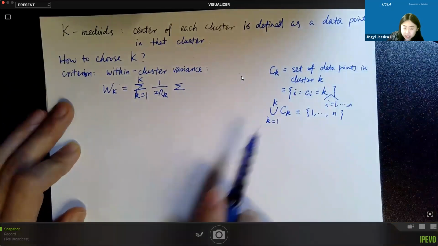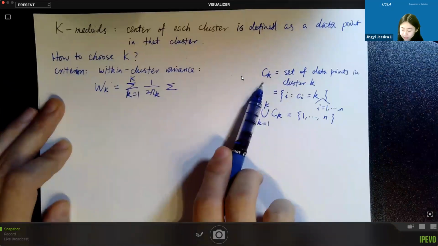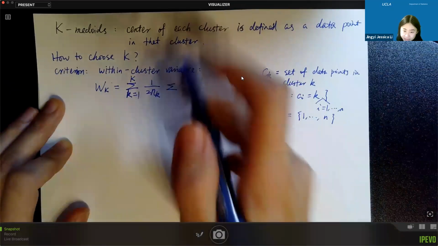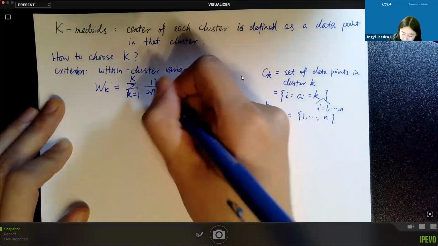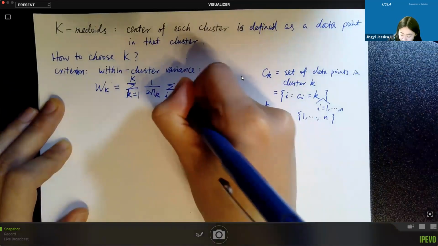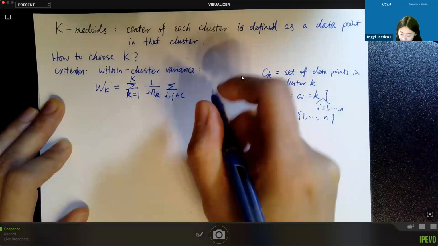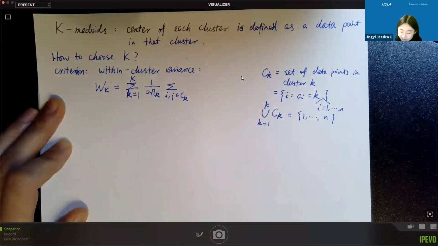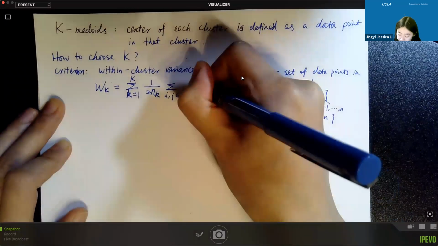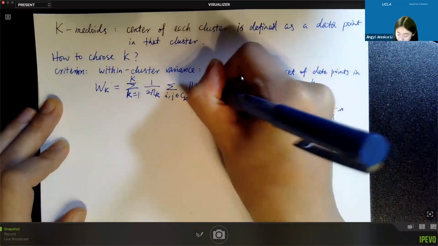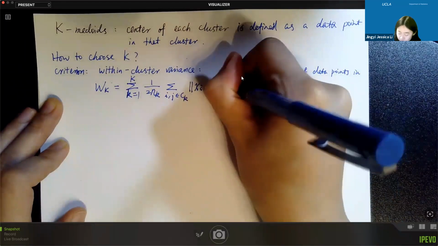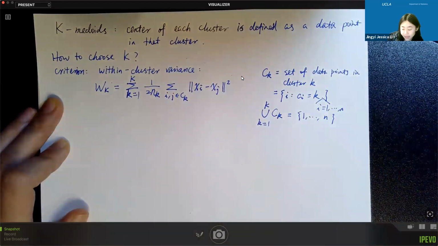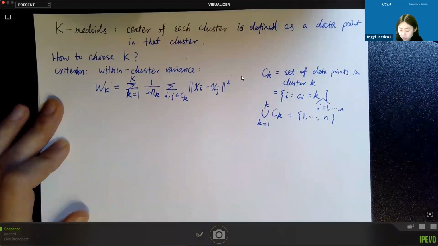Given this set of data points in cluster K, I can take any i, j that are in cluster CK, calculate their Euclidean distance and square it. This is how we define within cluster variance.